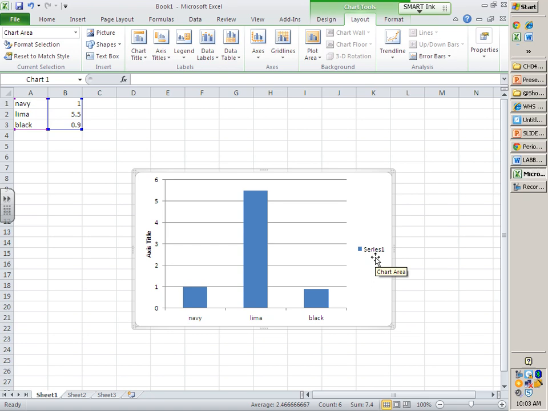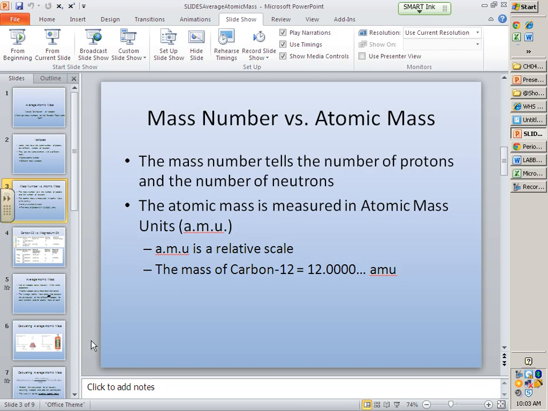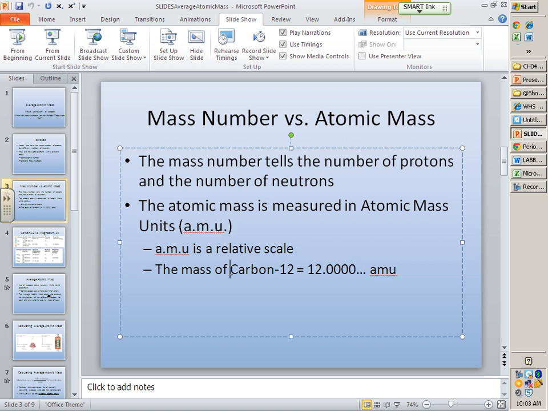To make your life a little more difficult, atomic mass is not set up off of the basis of 1. It's set up off of the mass of carbon-12, but instead of calling carbon-12 1, we call it 12. Exactly 12. Just like we called the navy bean exactly 1. Okay? Does that make sense? Okay, look good.